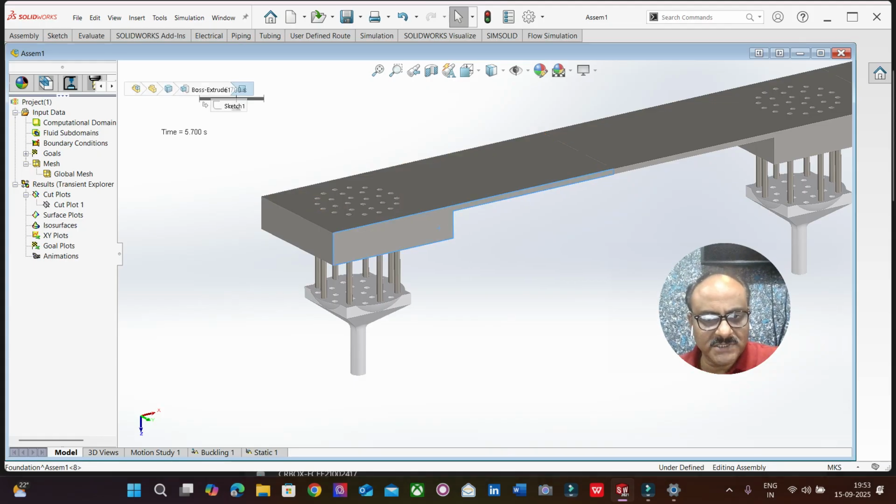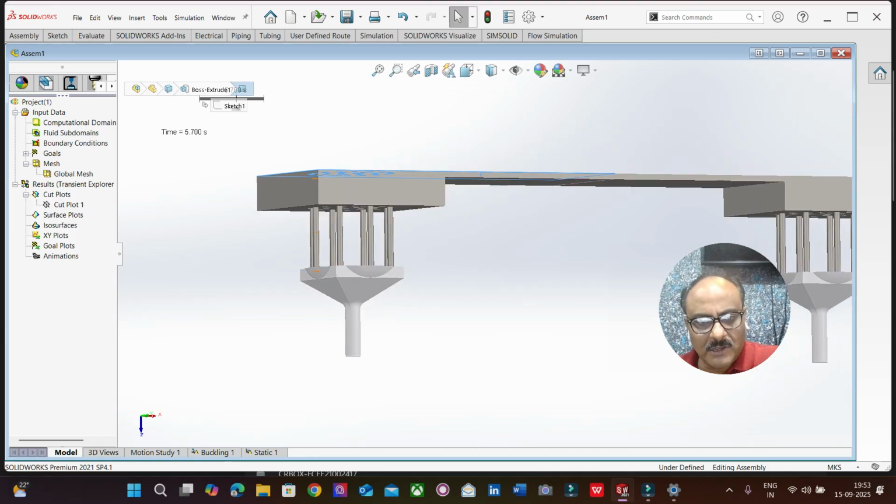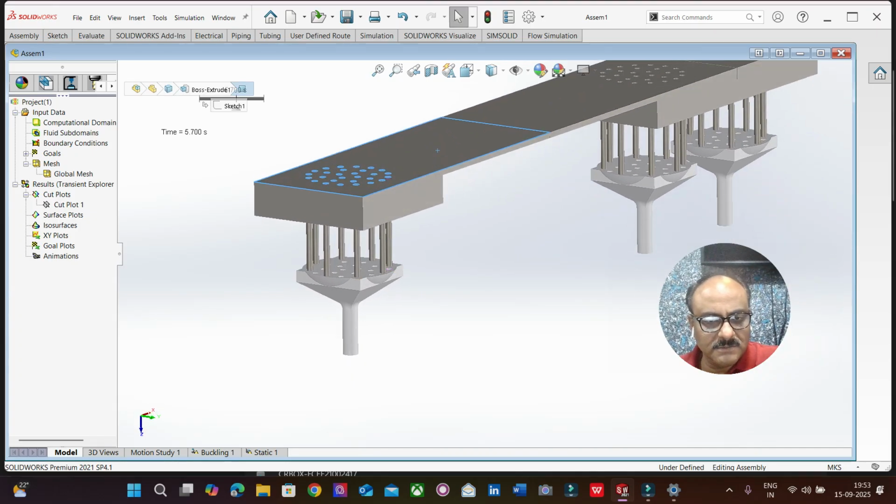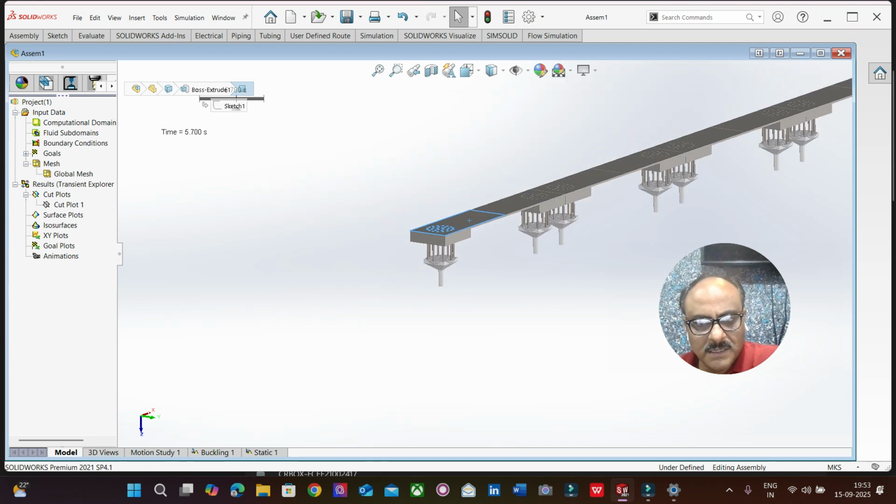This is the superstructure, and this is the deck, and you have the columns here, circular columns, and all the circular columns are constructed onto the pier cap, and then you have the pier wall, and that is on the riverbed.